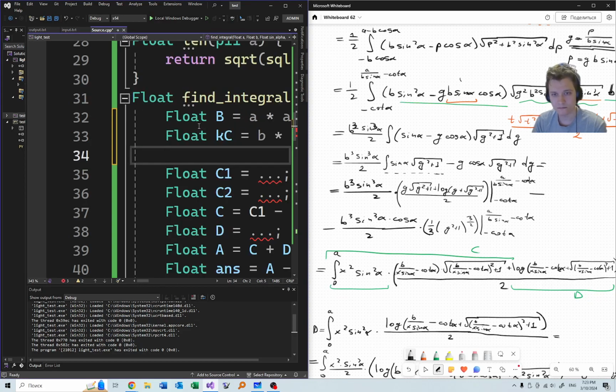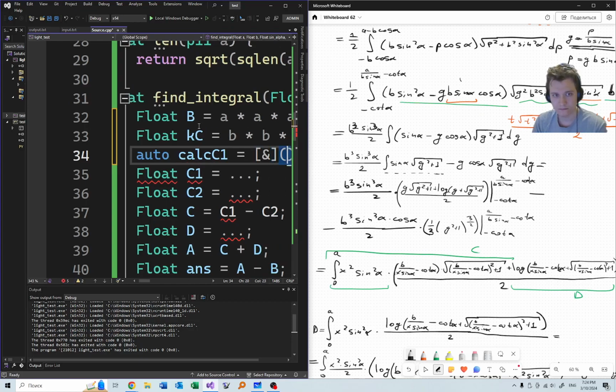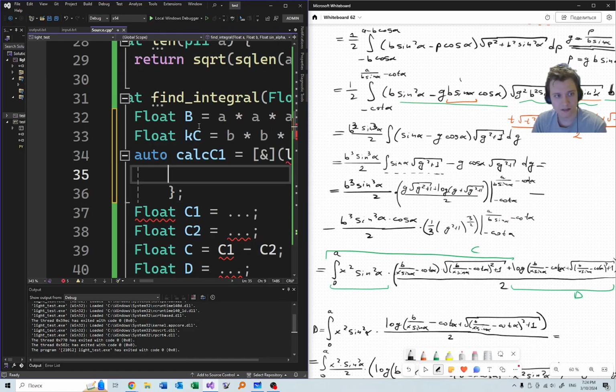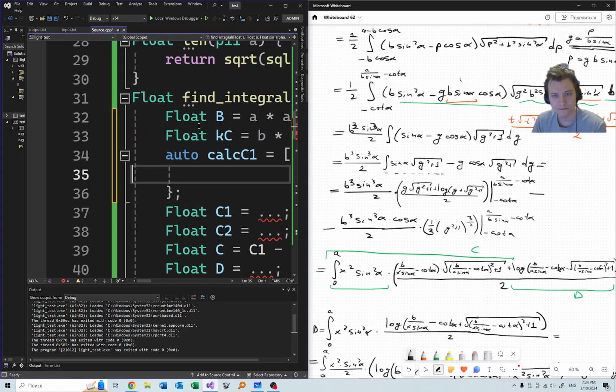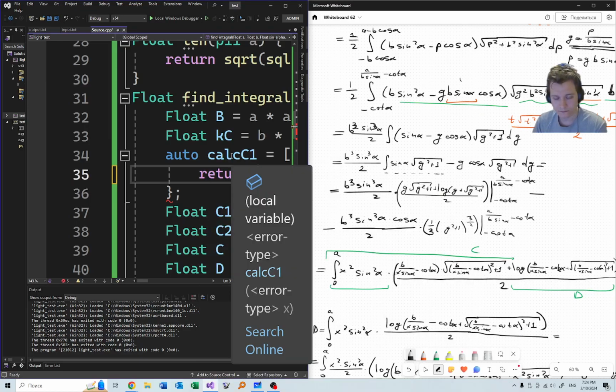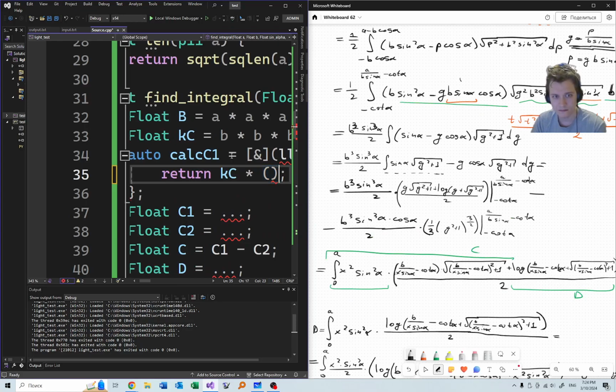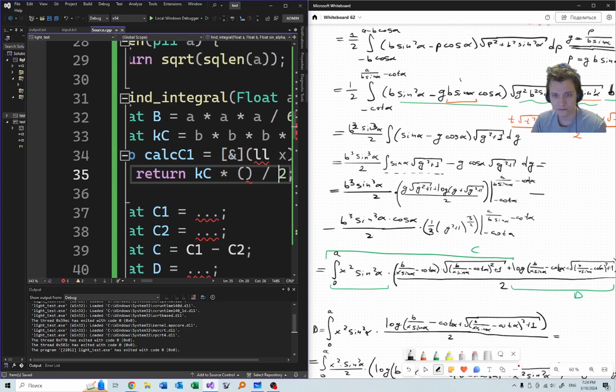Let's make auto calc C1 equals a lambda, and inside this lambda we return kc times something over 2.